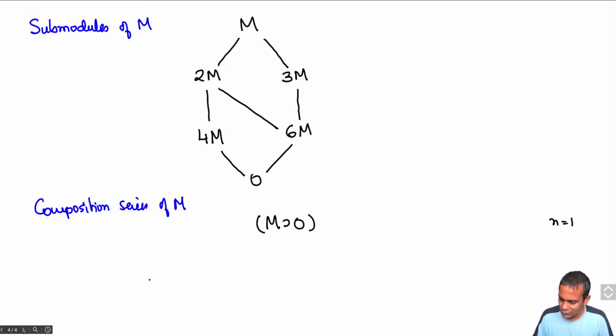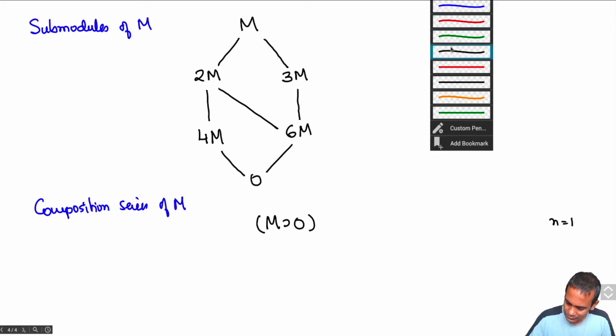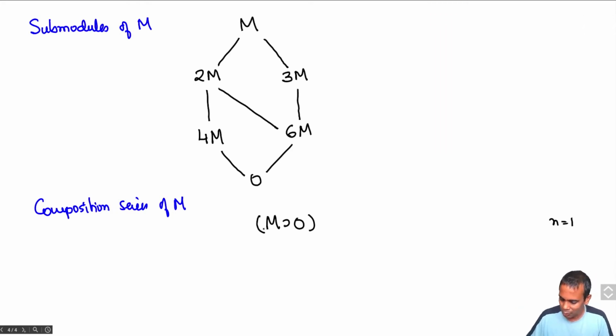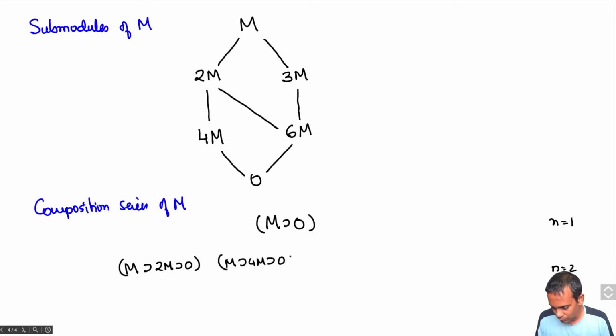And now there are composition series with 3 terms, but n equals 2. This will contain one for each non-trivial submodule of M. So you can take M contains 2M contains 0. You can take M contains 4M contains 0.